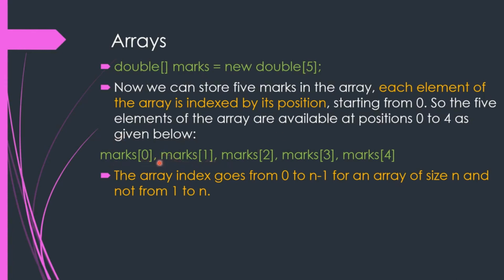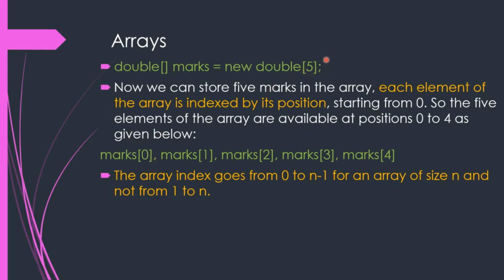Whenever we want to give position to the elements, from where will we start? We will never start from 1. Please remember that. We will always start from 0, and we will continue to the value n minus 1 for an array of size n. For example, here the size of our array was 5, means n is equal to 5. So the position will be from 0 to n minus 1.